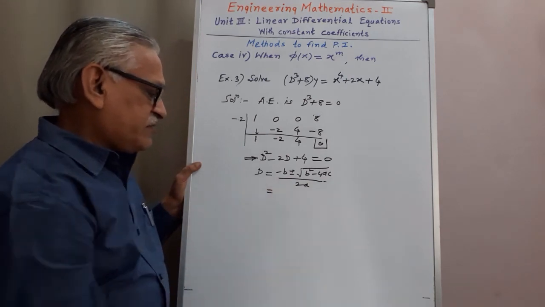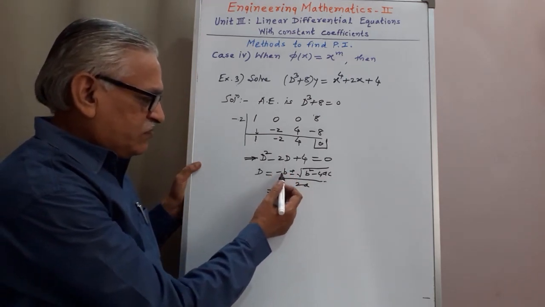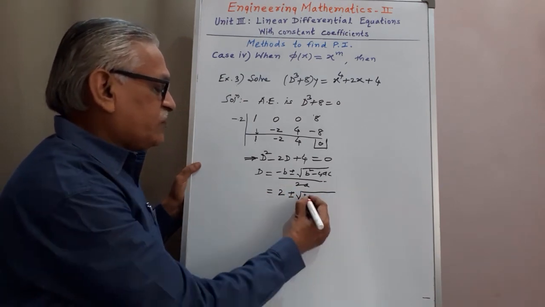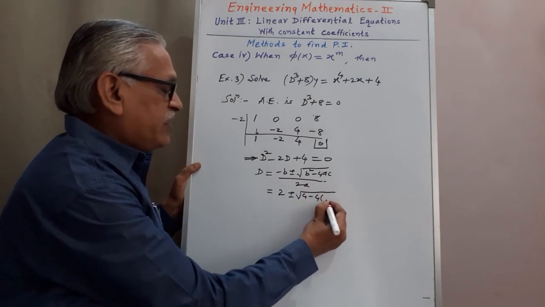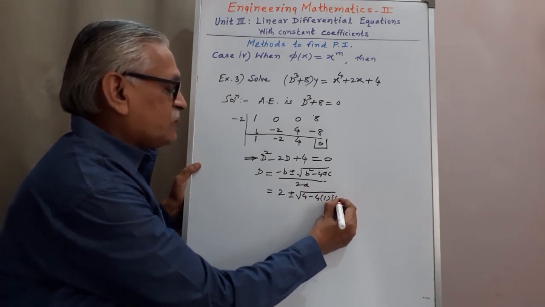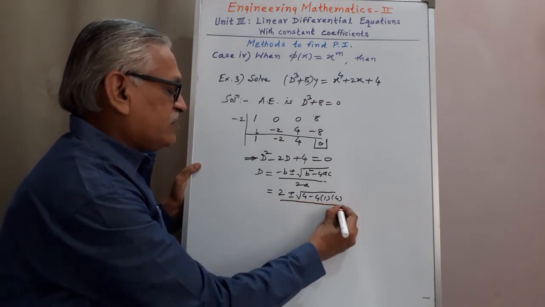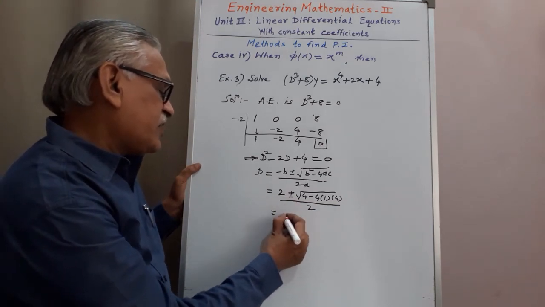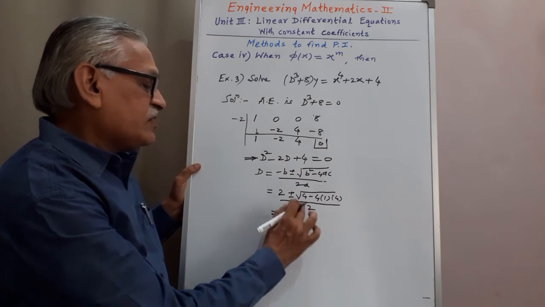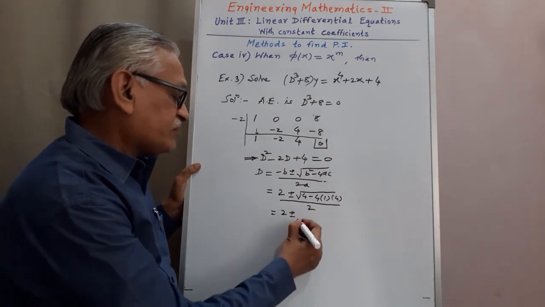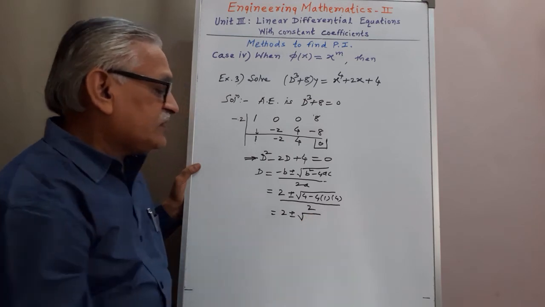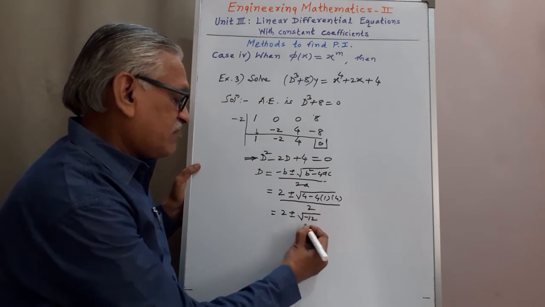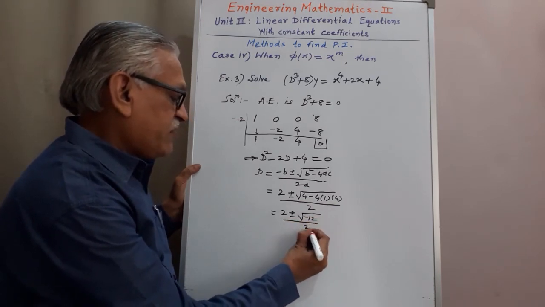And therefore b is here minus 2, minus of minus, it becomes plus 2, plus minus root of minus 2 square, we get 4, minus 4, a is 1, c is 4, and divided by 2 into a, and therefore we get this one as 2 plus minus root of 4 minus 16. 4 minus 16 is minus 12, divided by 2.